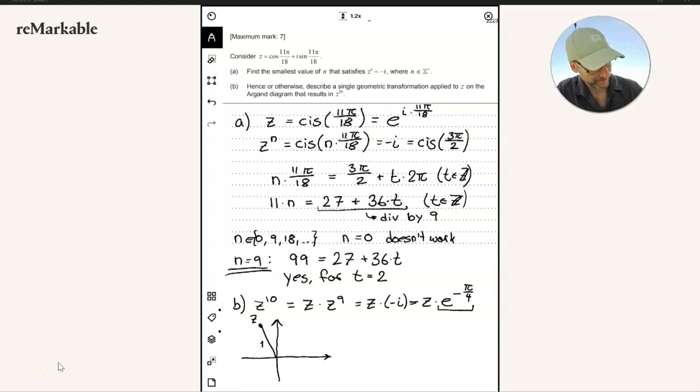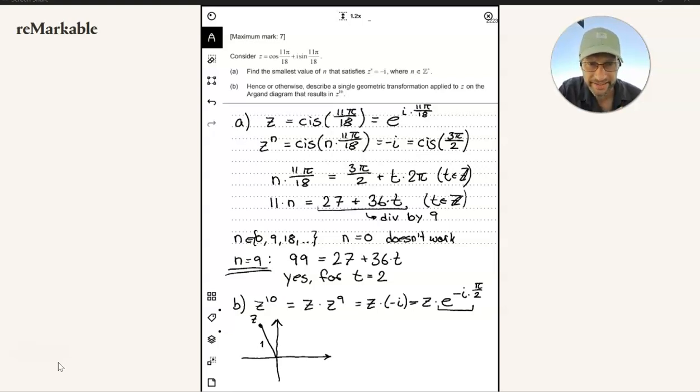Let me do this a bit more slowly. I made a mistake: minus i is not minus pi over 4. The polar angle of minus i is minus pi over 2, which is the angle previously known as 90 degrees. Everything else I said worked. You just have to replace pi over 4 by pi over 2.